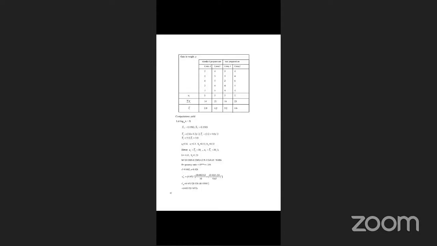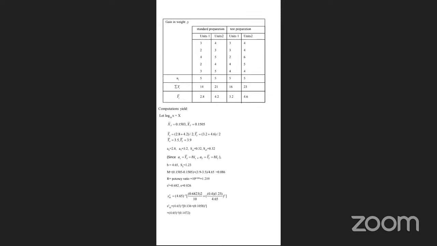Consider the following data pertaining to weight gain in pounds by piglets in a fixed duration of time when the standard and test preparations of a certain diet are administered to them. So here, standard preparation, test preparation, Unit 1, Unit 2, Unit 1, Unit 2.